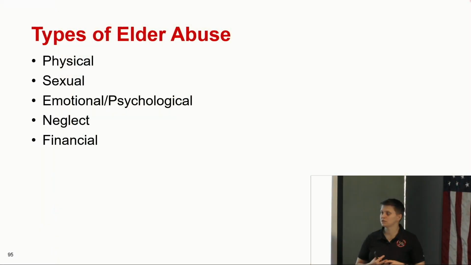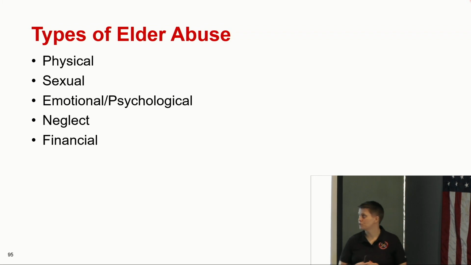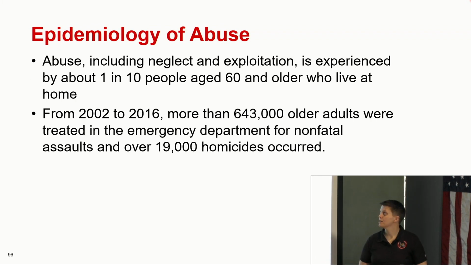There are different types of elder abuse: physical abuse, sexual abuse, emotional or psychological abuse, neglect, or financial abuse or neglect. Abuse, including neglect or exploitation, is experienced by about 1 in 10 people over the age of 60 who live at home.